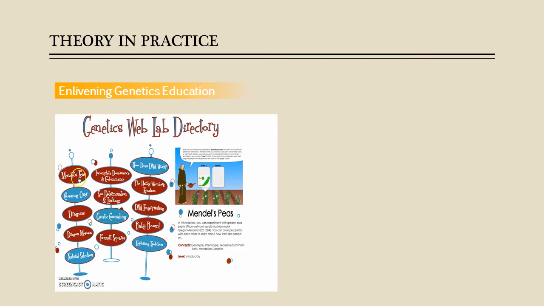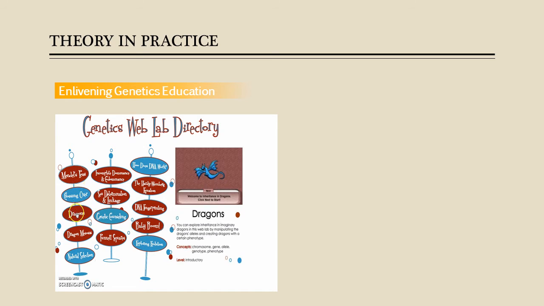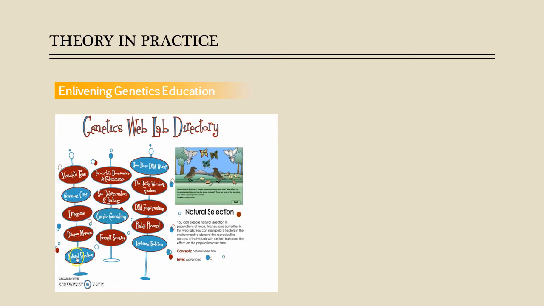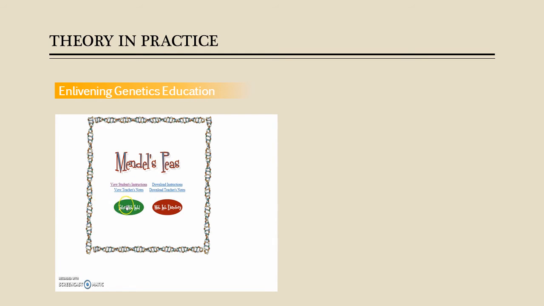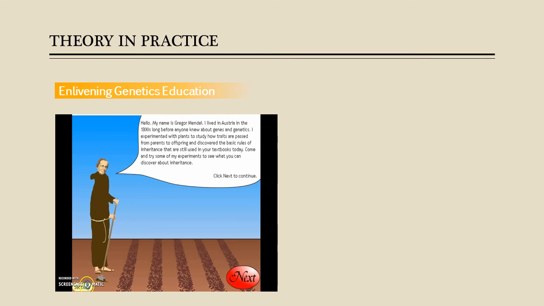Another great example of the elaboration theory in practice is a tool called Enlivening Genetics Education that teaches students about genetics through a series of web labs that are organized into layers from simple overviews to complex details. The learner begins by looking at the core idea, and here all the lessons in the unit can be seen. The learner begins working on the first task or the first section until it is mastered.